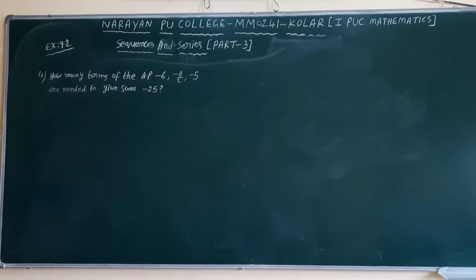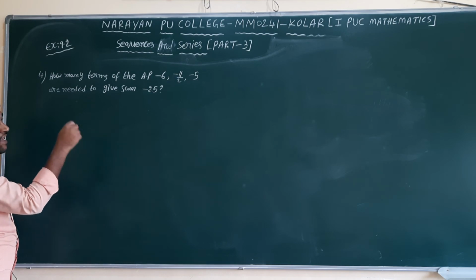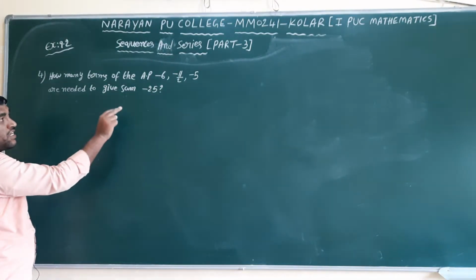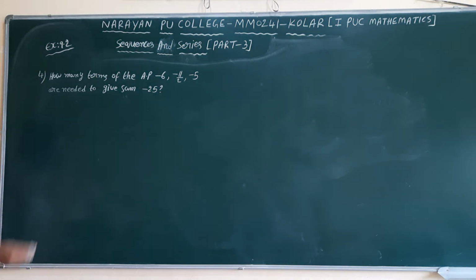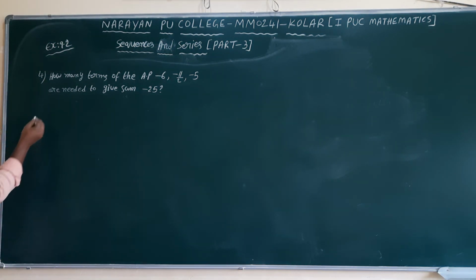So the meaning of this question is: how many terms of the AP, the sum Sn equal to minus 25, what is the n value? The terms are given in the form of an AP only.